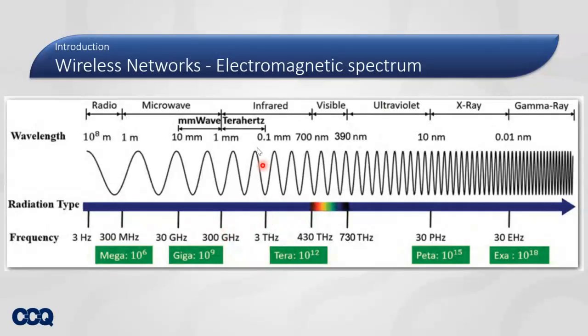Above 300 gigahertz, we have the terahertz, which is between 300 gigahertz and 3 terahertz. This terahertz band will be used in 6G communication system. Then we have the infrared, visible light, ultraviolet, the X-ray, this is famous, and the gamma ray.